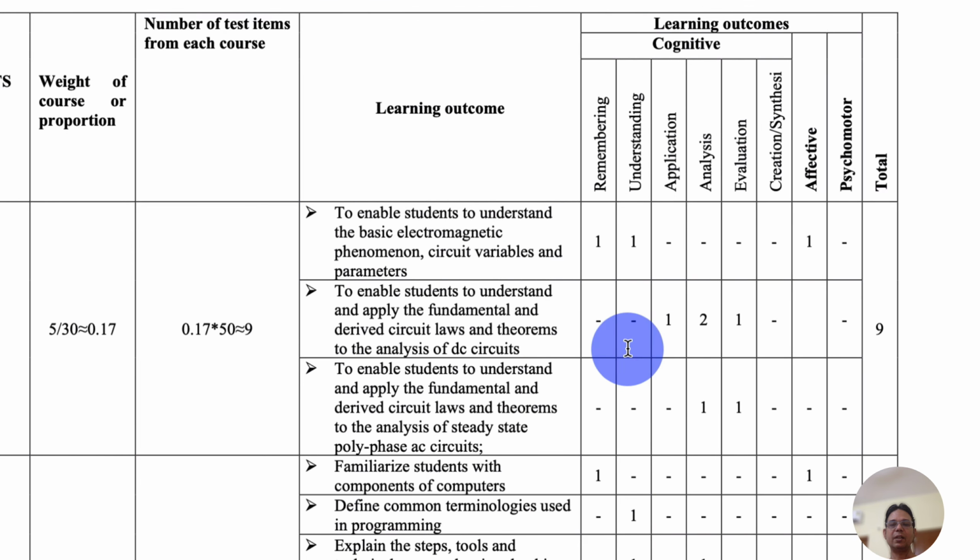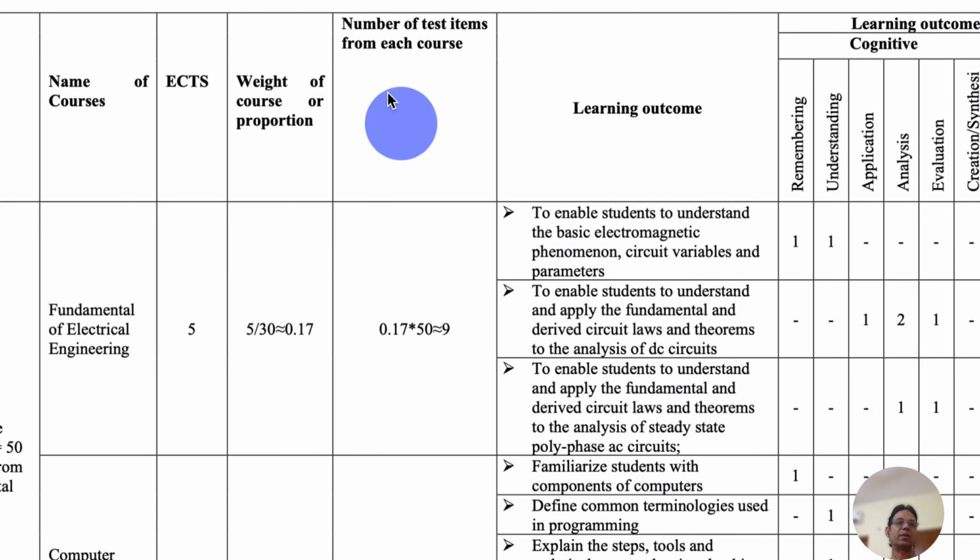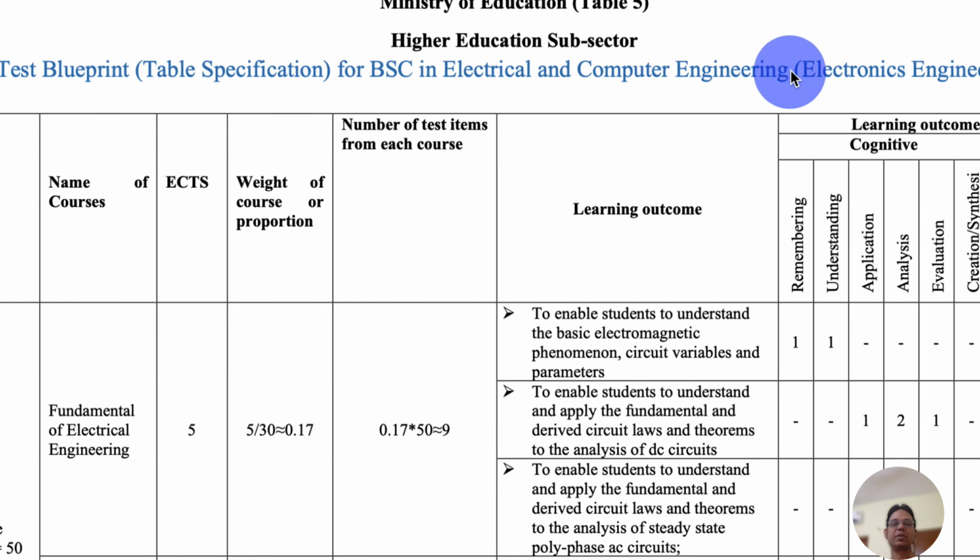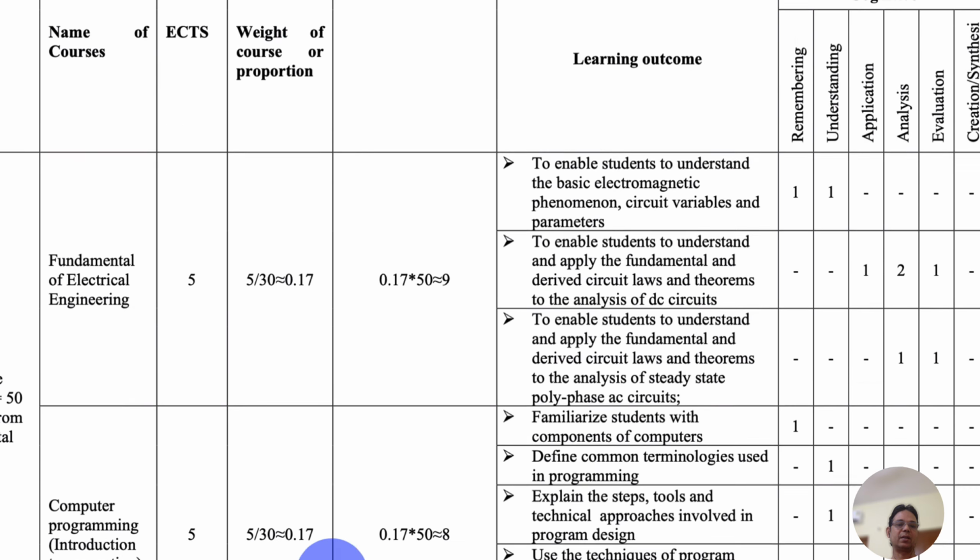So here we can see that learning outcomes are listed and their cognitive levels, meaning how many items are remembering, understanding, application, analysis, and evaluation. So for the specialization for electrical and computer engineering especially, we can see here.